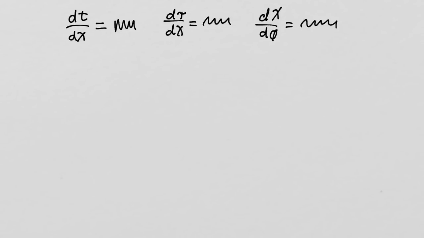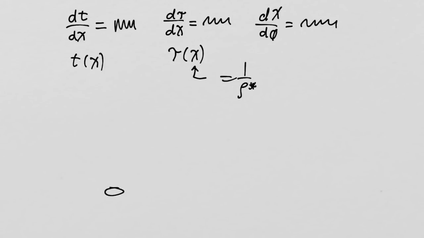So I could be looking for the proper time as a function of this radial variable. I'll call this thing the radial variable, but remember it's 1 over rho star, right? We could find the proper time as a function of the radial variable. And presumably then, if we did all of this, I could reconstruct the world line, right?